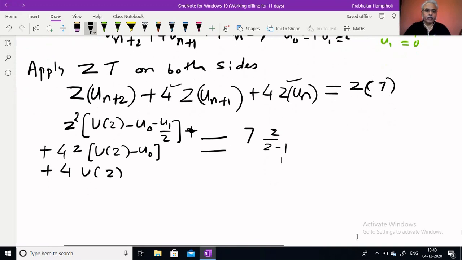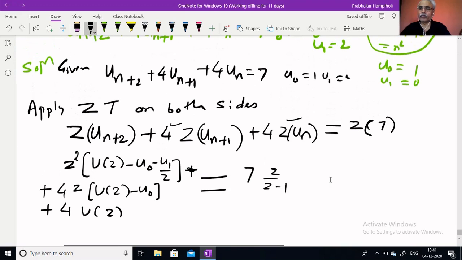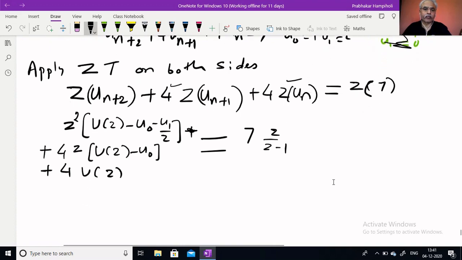Now we substitute the values of u0 and u1, which are given: u0 is 1, u1 is 2. So wherever u0 is there, you put 1, and u1 equal to 2.